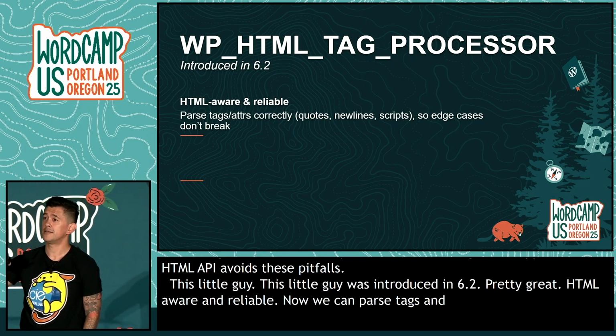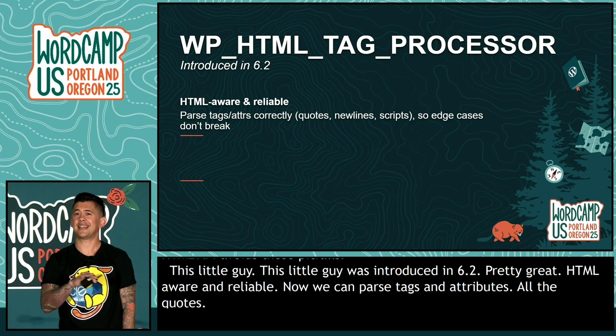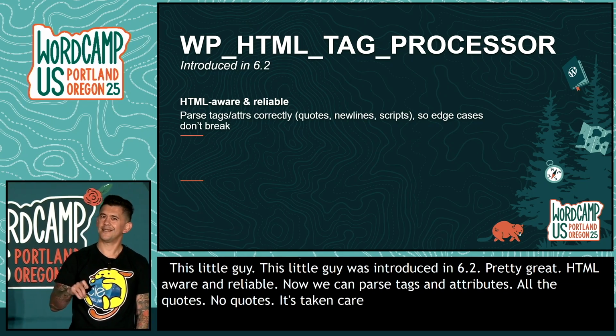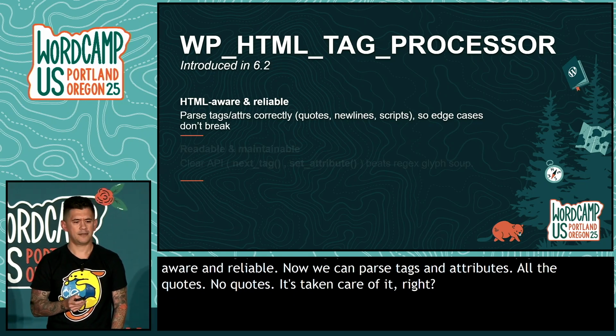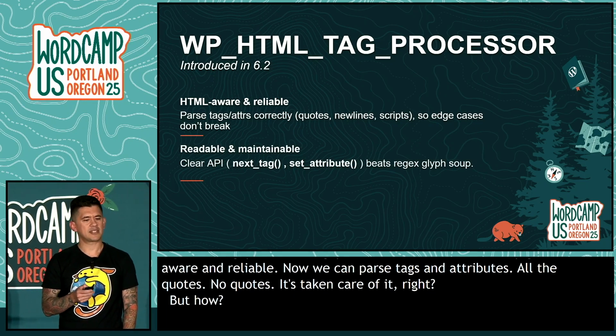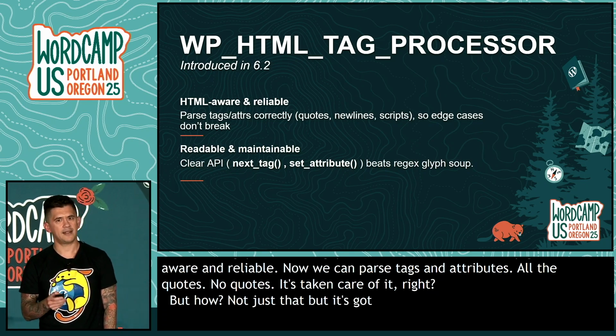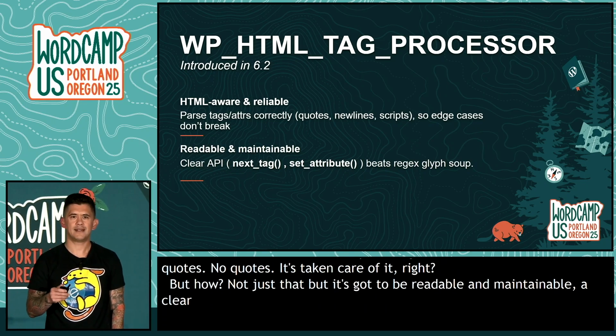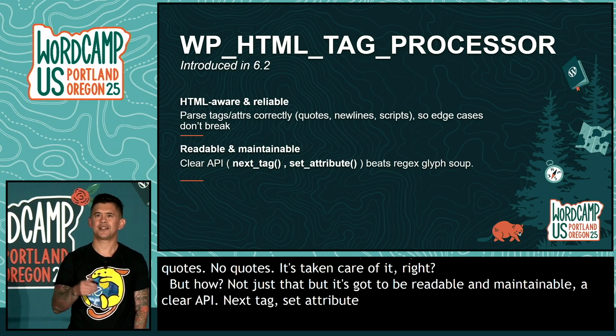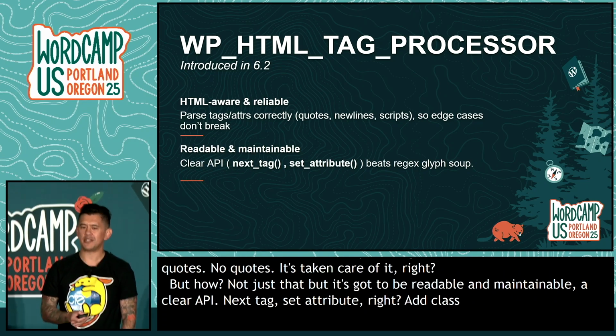All the quotes, no quotes, yet it's taking care of it, right? But how? Well, let's start to get into that. Not just that, but it's going to be readable and maintainable. A clear API: next tag, set attribute, add class, class list, methods we can use and understand.